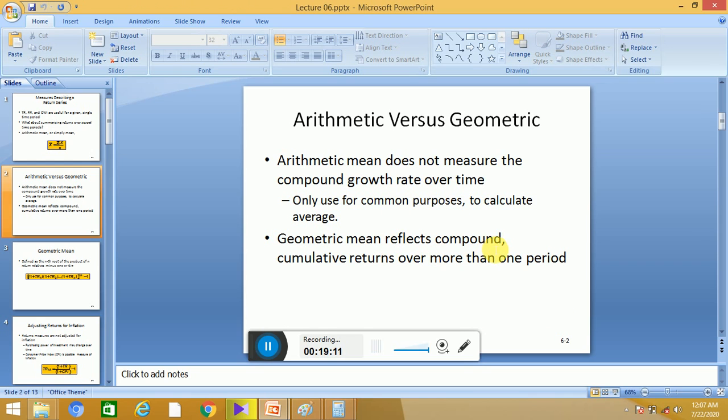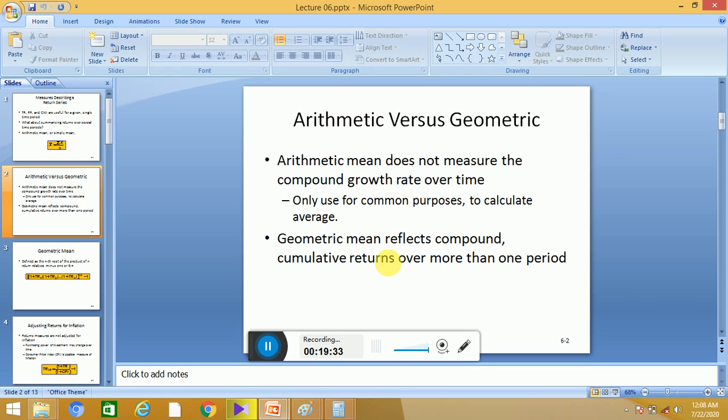Geometric mean reflects compound cumulative returns over more than one period. Geometric mean measures the compound growth for n periods, for more than one period.